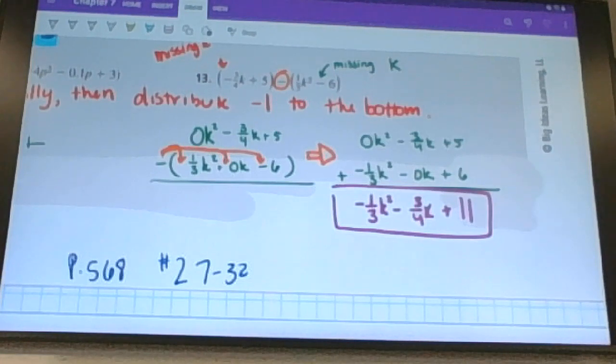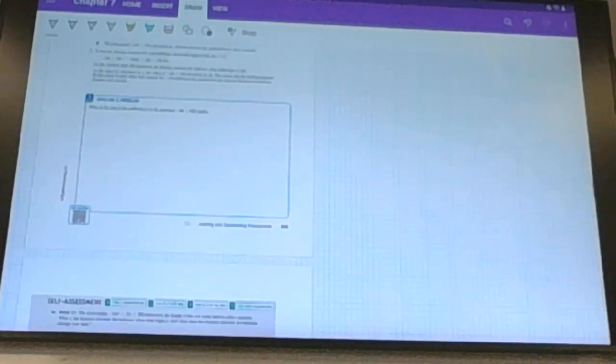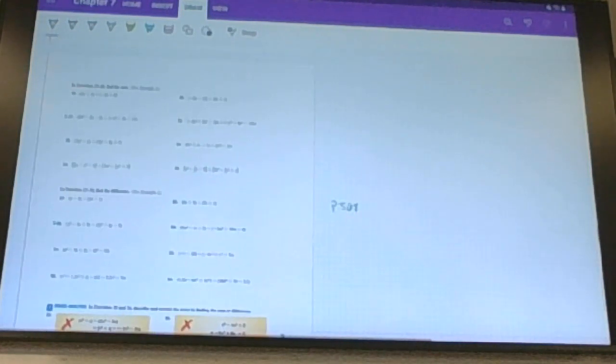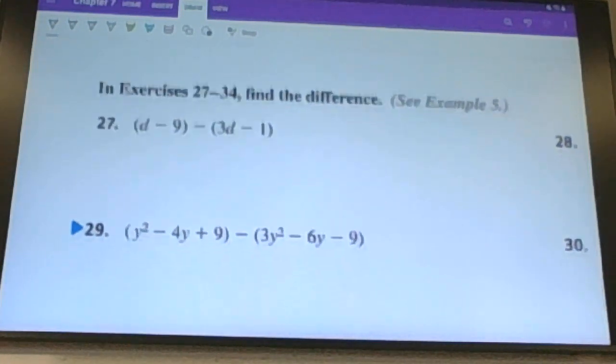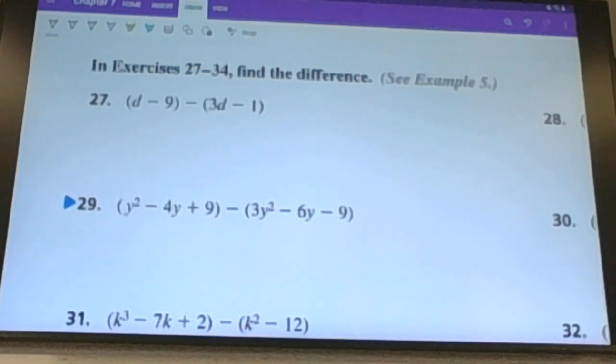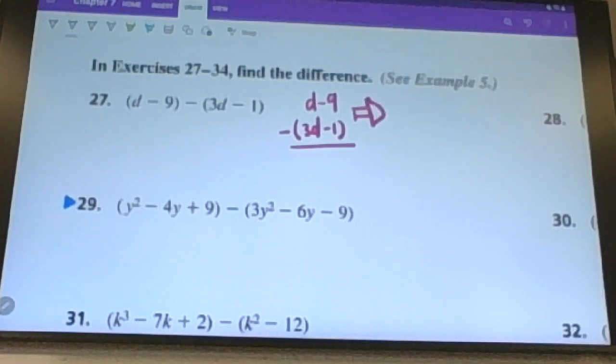Alright, I'm going to go ahead and show 27. Alright, so I'm going to stack it vertically. It'll be d minus 9 minus 3d minus 1. Then I will distribute -1.